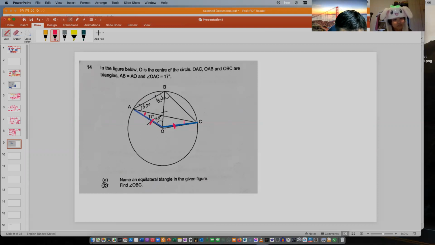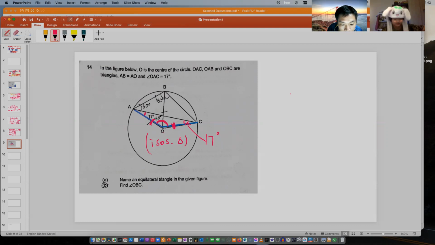So that means this one is also 17. So the main concept here is if they give you the radius, you think of isosceles triangle. So if this is 17, this is 17. So 17, 17. Can you tell me what is this?